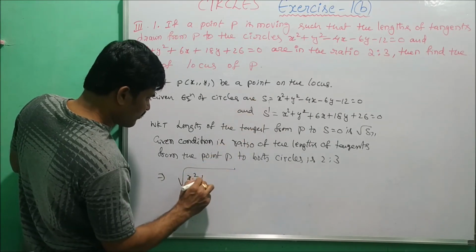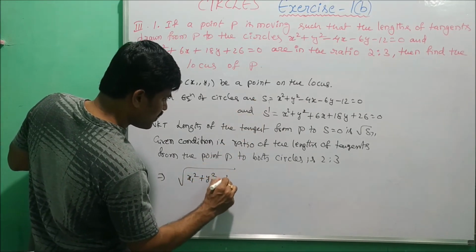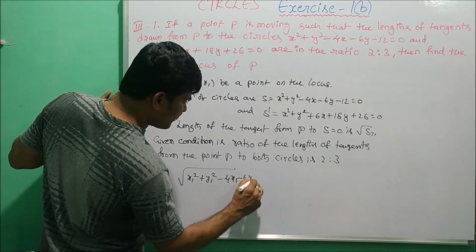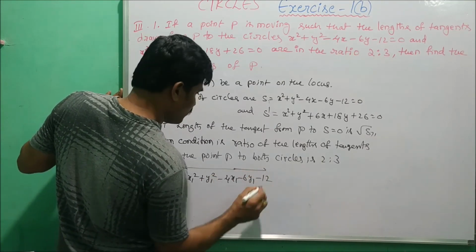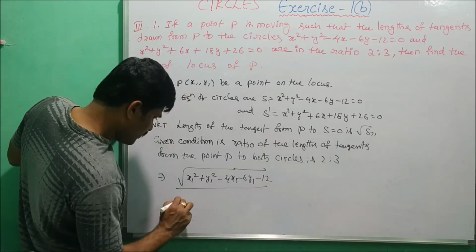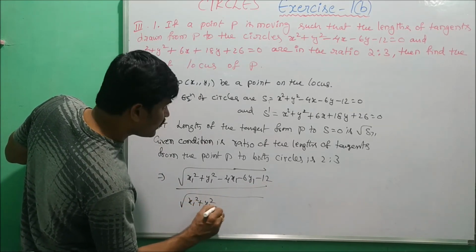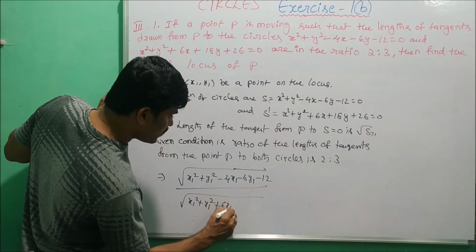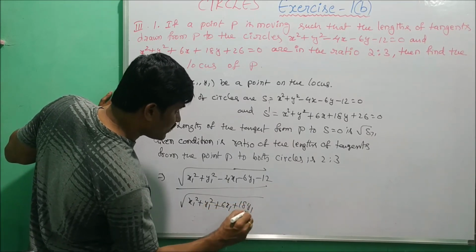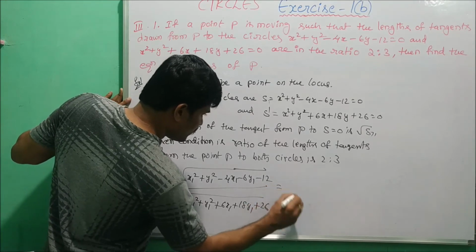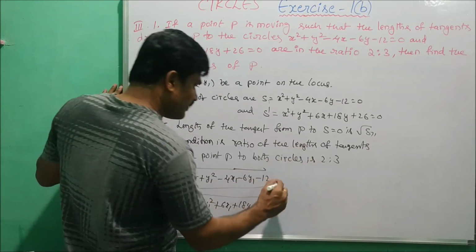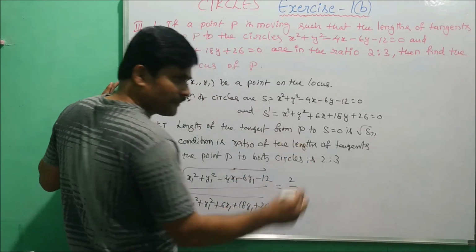using the first circle, x1 square plus y1 square minus 4x1 minus 6y1 minus 12, whole by square root of x1 square plus y1 square plus 6x1 plus 18y1 plus 26. Already the ratio is given, that is equal to 2/3.